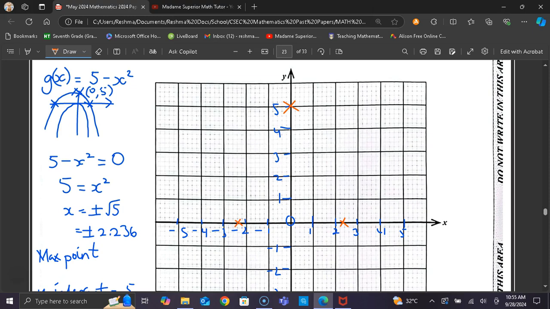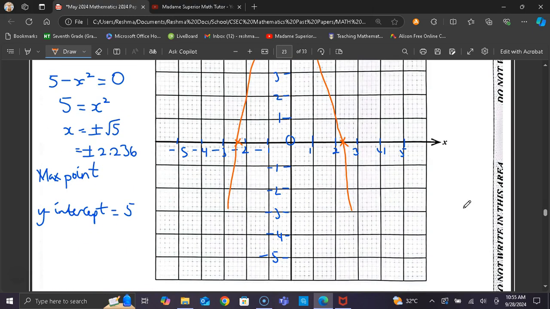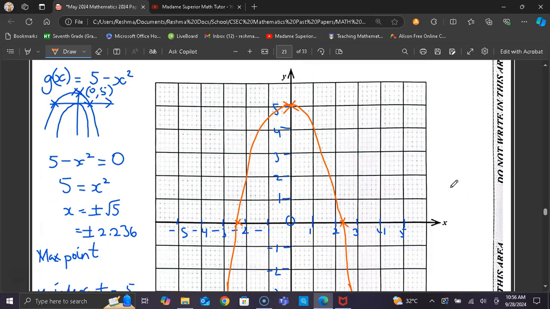Okay, so therefore our curve will look like that. Okay, so of course this is not a perfect sketch, right? It's just an estimate.